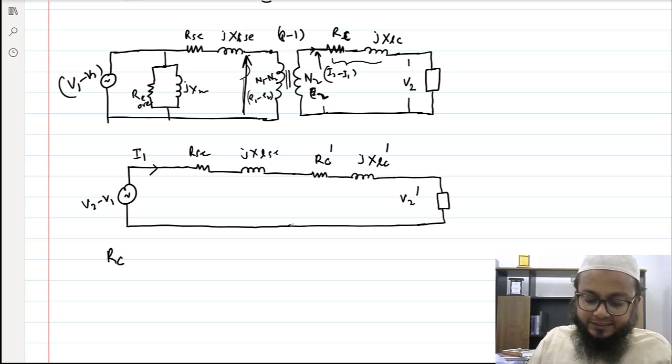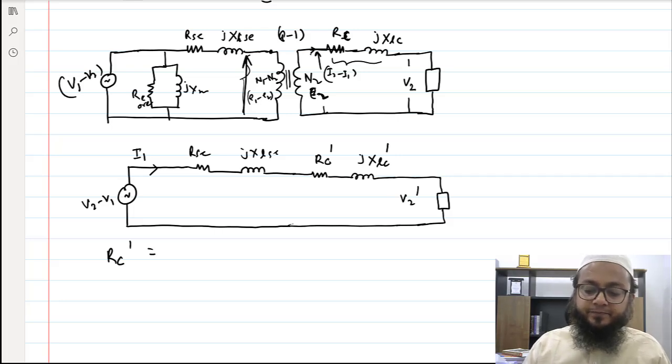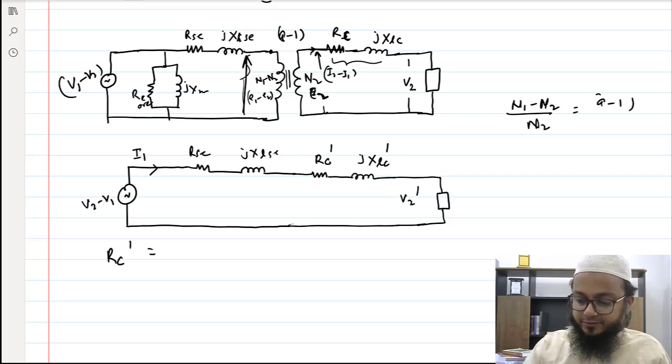So Rc dash would be given by the same concept. Since we know transformer action is happening between the N1 minus N2 and N2 number of turns, the turn ratio is N1 minus N2 upon N2, which is nothing but A minus 1.